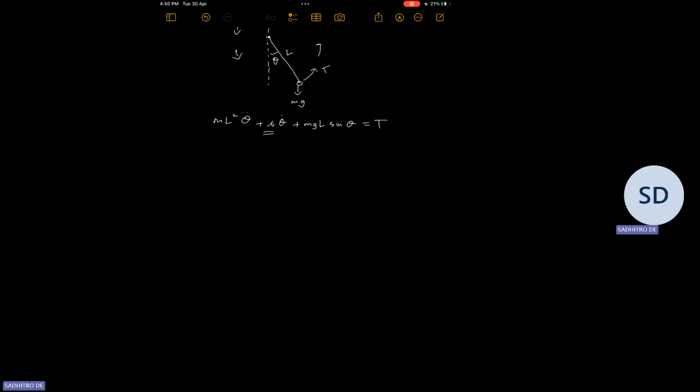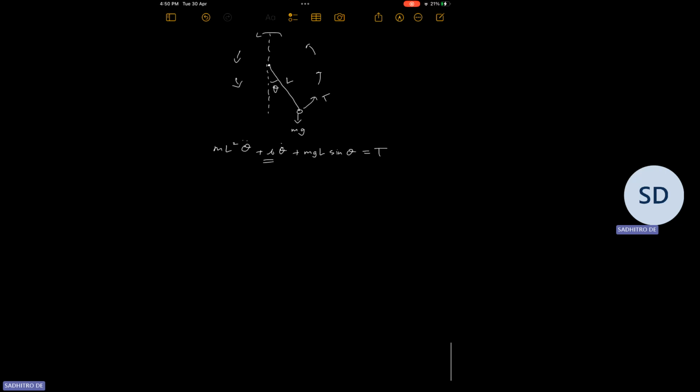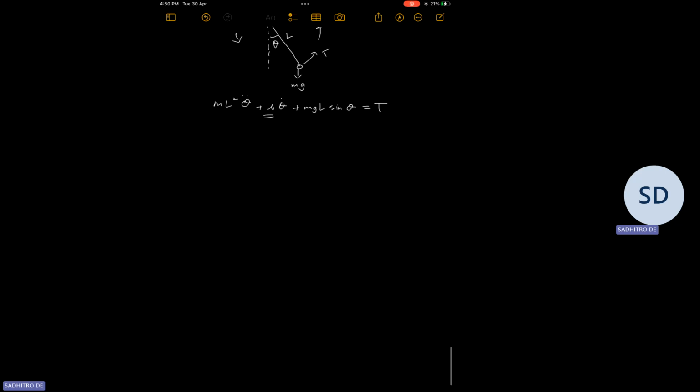All right. Now, this can be broken down into two differential equations, which gives us a second order system. So in order to make the approximation of a first order system, what we consider is that this term is negligible. That means the acceleration of the mass is negligible, and this will happen only when the damping term is stronger than the acceleration term in the force balance equation.